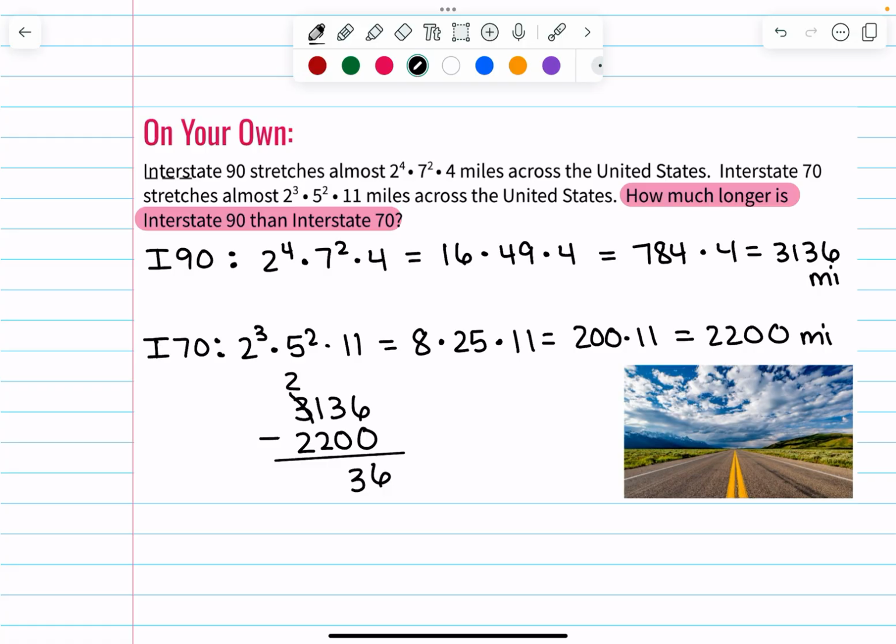I can borrow, 11, 9. Okay. So, from here, you need to make sure that you have a label. So 936 more miles would be your final answer.